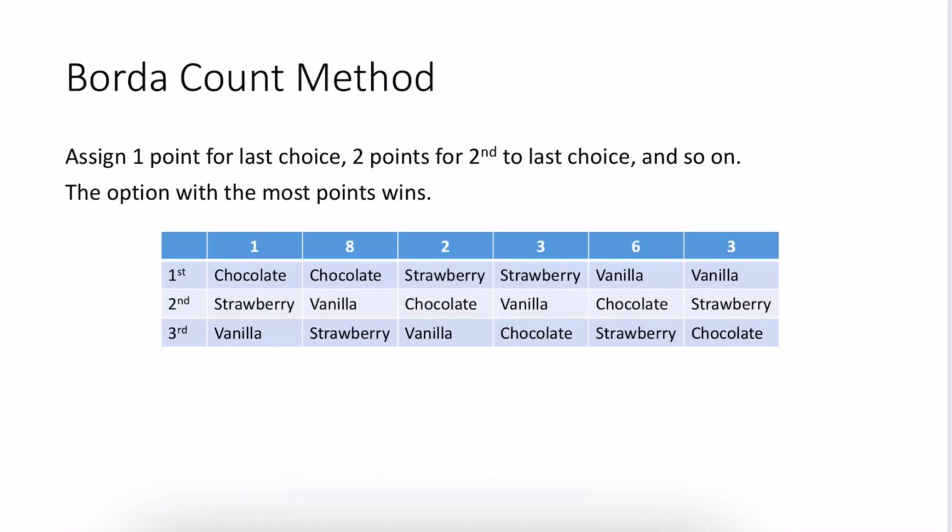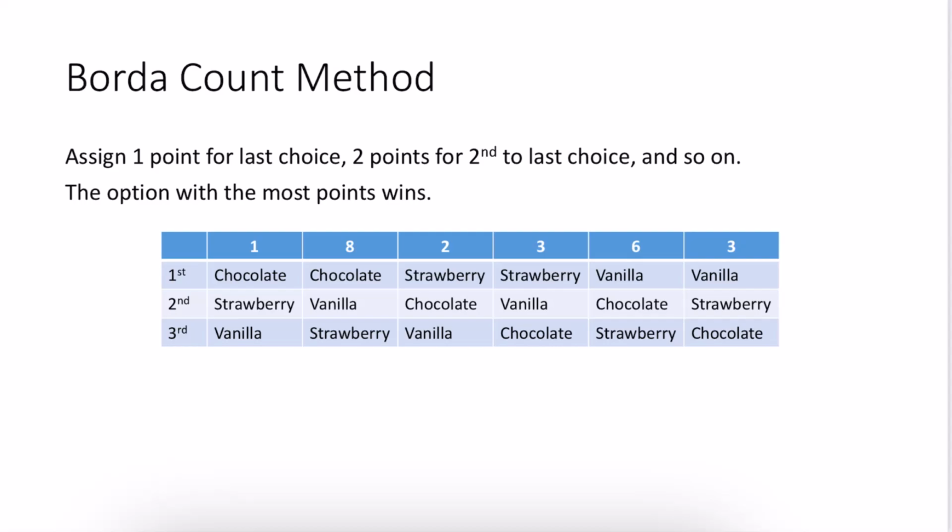All right, so the idea of the Borda count method is to give each choice a certain number of points depending on which choice it is. So in this preference schedule, we have a vote between chocolate, strawberry, and vanilla ice cream.